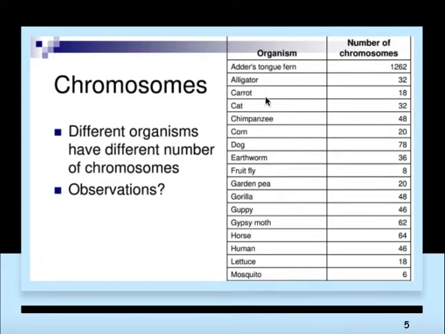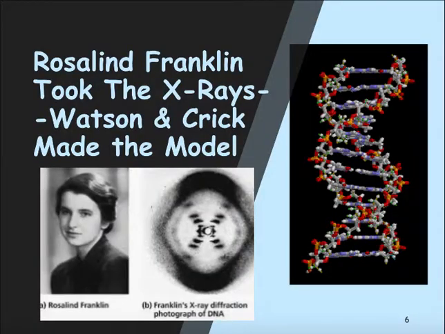So is an alligator twice as complicated as a carrot? Not necessarily. I mean, humans have 46, and a gorilla has 48. Earthworm has 36. So there's not a lot of definite rhyme or reason to how complicated something is based on how many chromosomes it has.